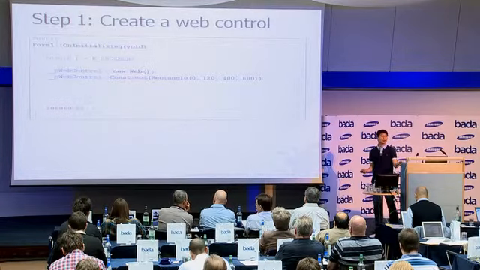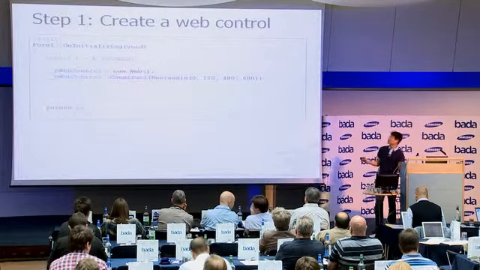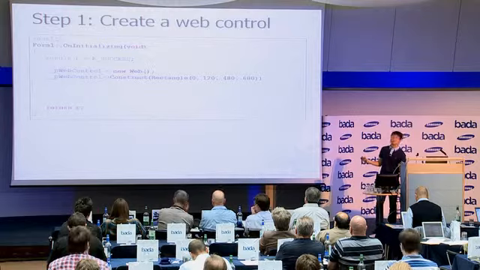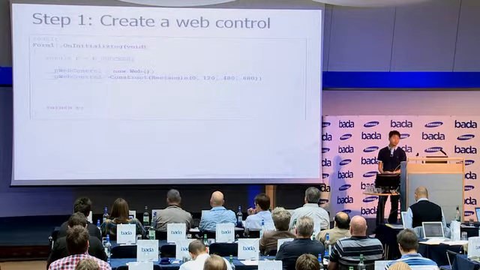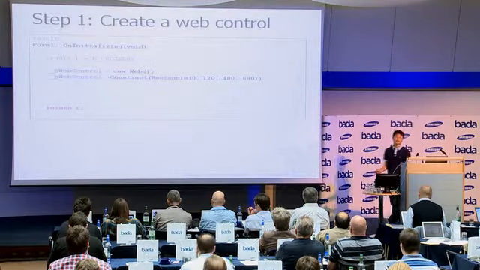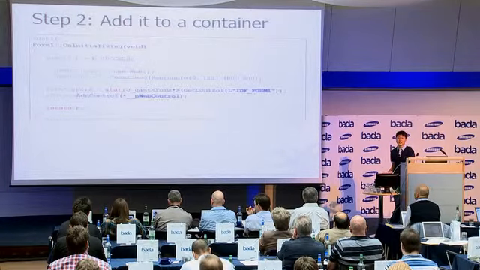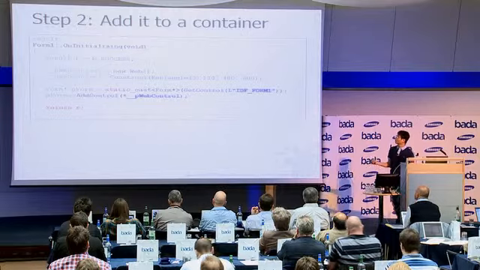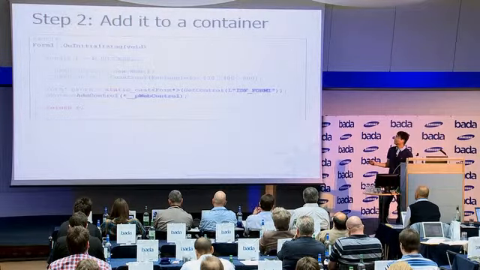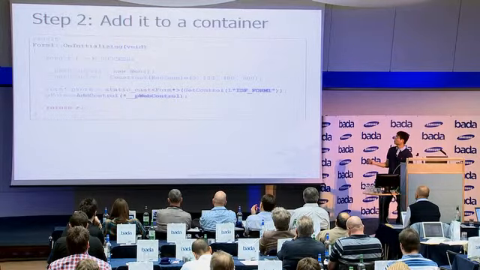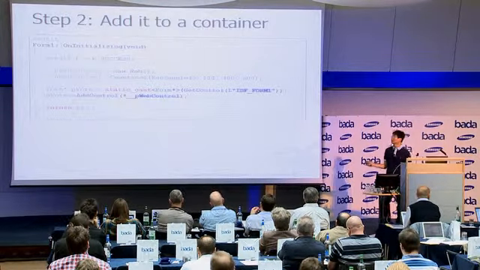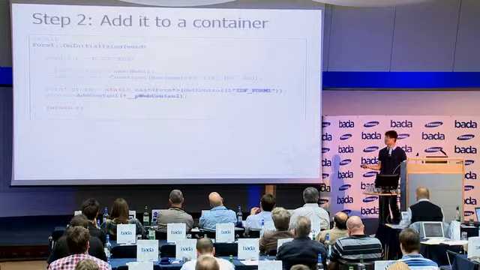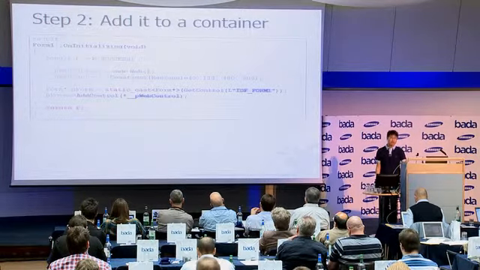The parameter of the Construct method is the position and size of the web control. So now you have created the web control instance. And the next step is adding it to the parent. So I'm assuming here the form is created by the UI builder. So I get the instance by using GetControl on the form, and just add the control using this method. So that's all.